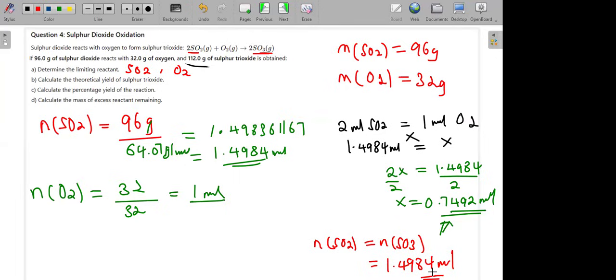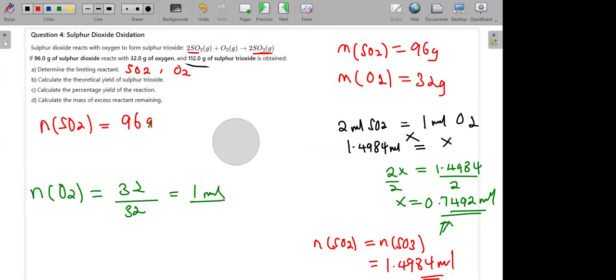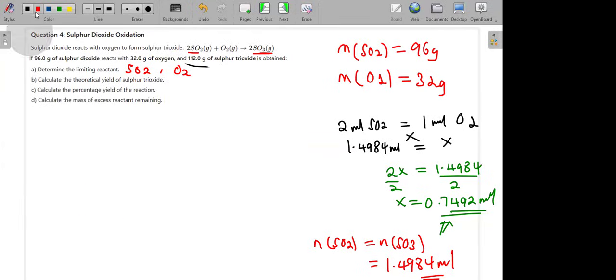Now to find its mass, I'm going to multiply its molar mass with the moles.